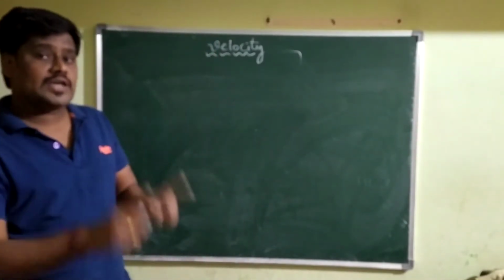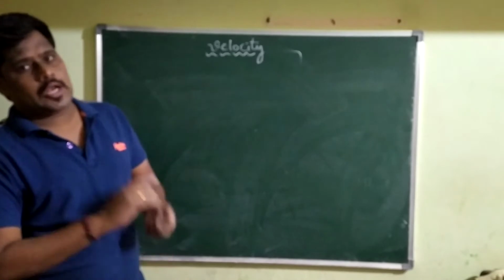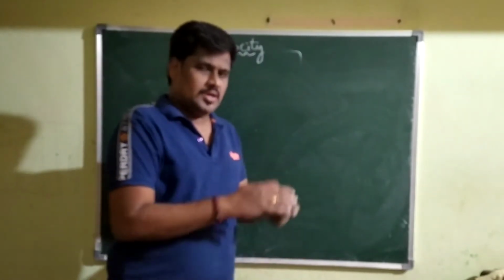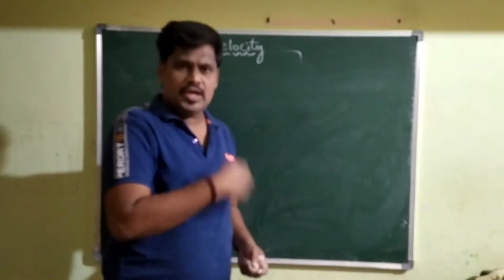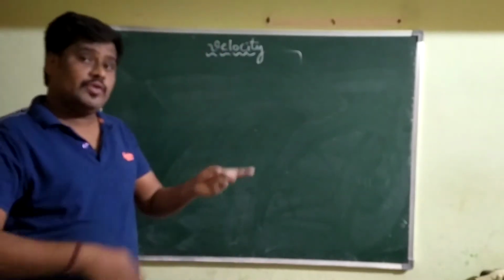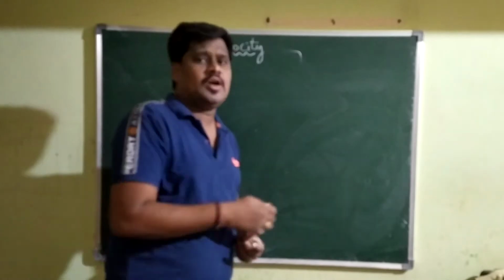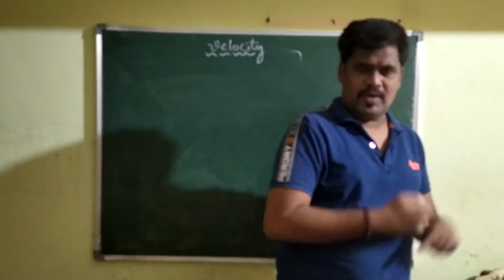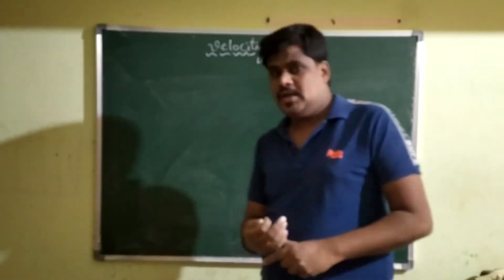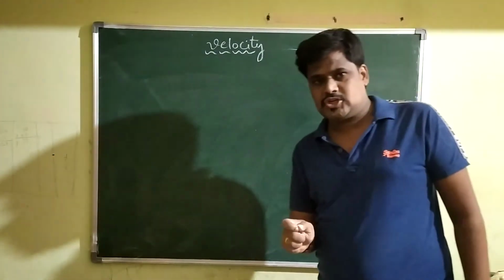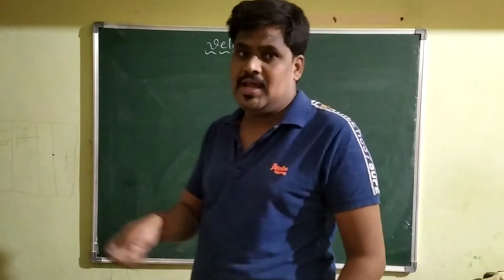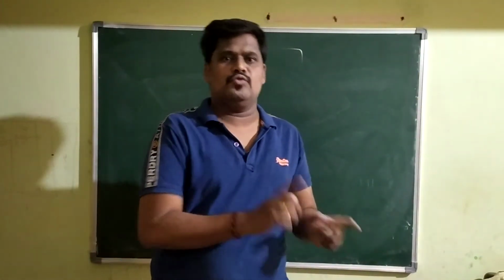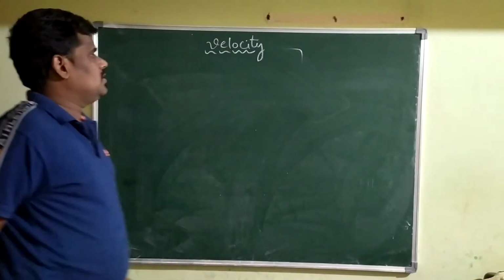Therefore, speed along with direction of motion of a body, we will call it a velocity. When you take the direction of motion of a body along with the speed of a body, then we are using the term velocity.